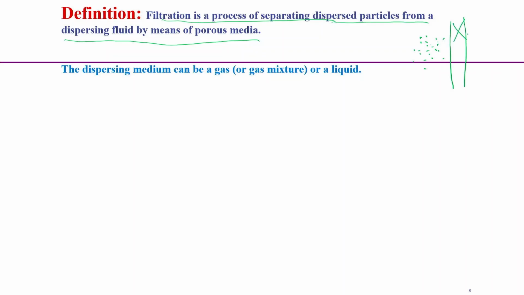This is the porous medium. Why do we want a porous medium here? We can have a non-porous medium to block these particles, but that is not the case, because we have to clean this air, and to clean the air we have to flow this air through a medium, and air can be flown through the porous medium only.